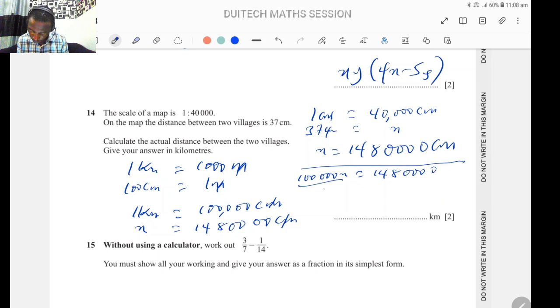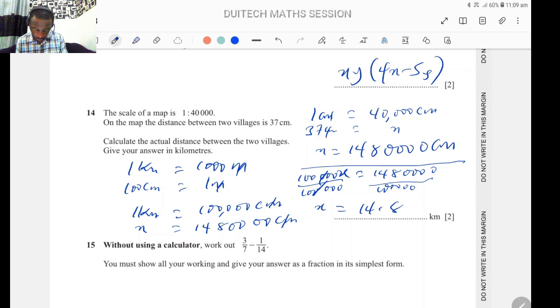So divide both sides by 100,000. I hope you understand what I mean. So 100,000 cancels 100,000. This is my x, so don't forget. So now my x is equal to 148,000 divided by 100,000. So that will give us 1.48. So that's the answer, 1.48.